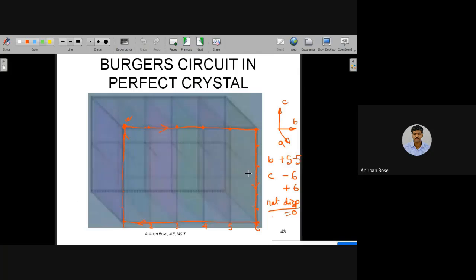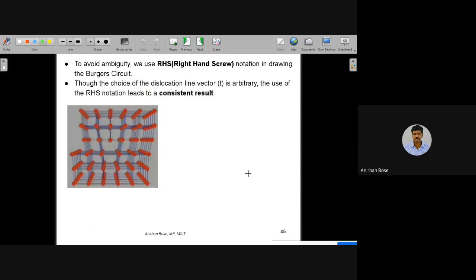Now you see, the ambiguity was whether to go clockwise or anti-clockwise. To avoid the ambiguity, we use the right hand screw rule or right hand screw notation in drawing the Burgers circuit. That is very important. So we will consider a particular direction of the dislocation line vector.